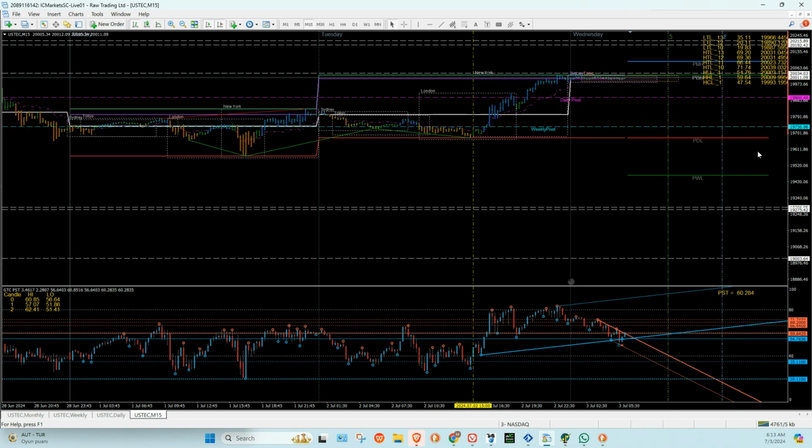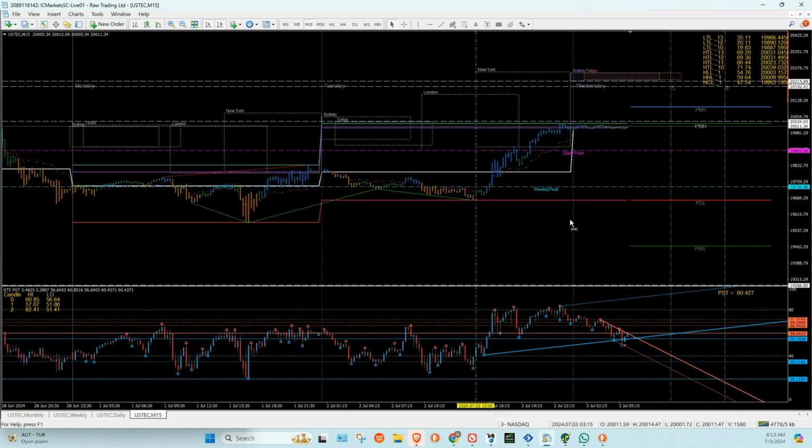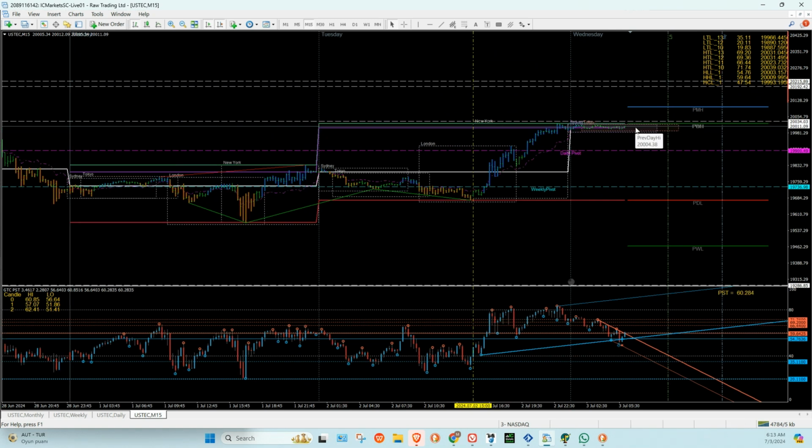I'm going to get rid of that. If it comes back into there, you can go long here. Daily pivot, good to go long. Weekly pivot, good to go long if you want to go up. If it breaks above there, pulls back, and you want to go long, it's okay. If it's a swing hour, you've got to be careful there.